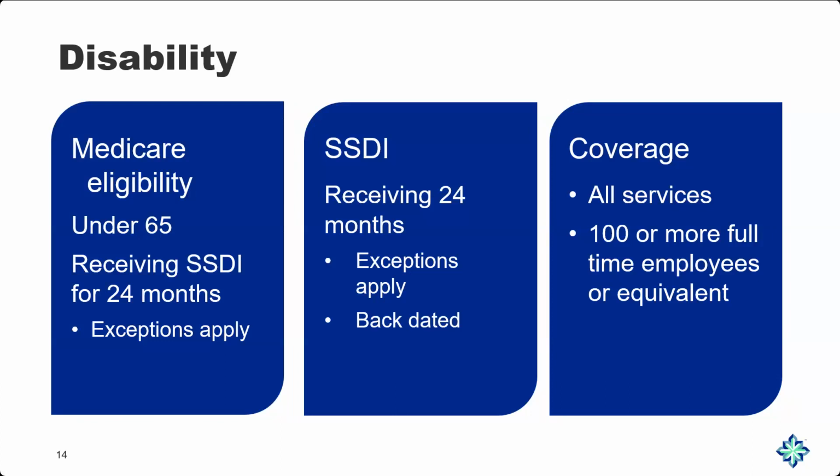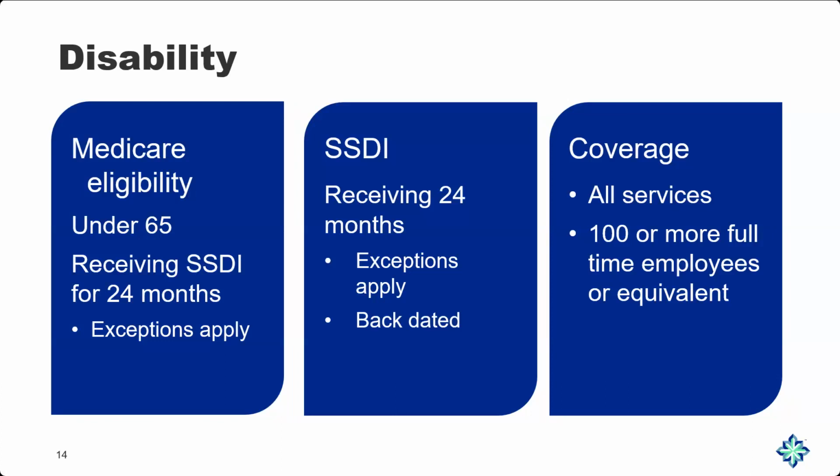How long do they have to be typically receiving this? 24 months. Why is the bottom item in the middle where it says backdated important? If someone says, no, I really am disabled and they fight with Social Security to get those benefits, they appeal, Social Security can actually backdate their benefits more than 24 months.